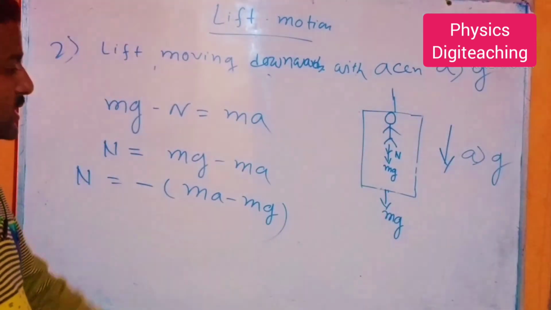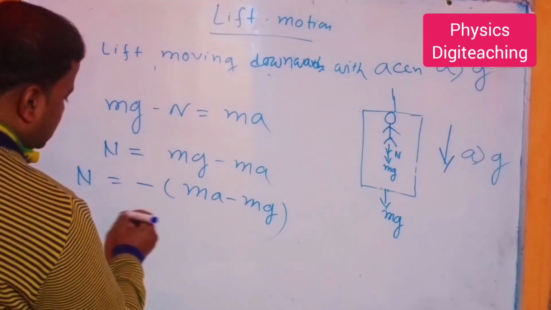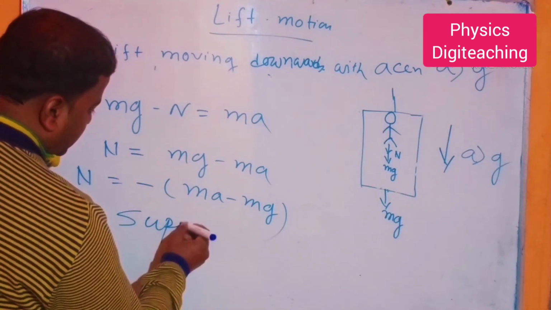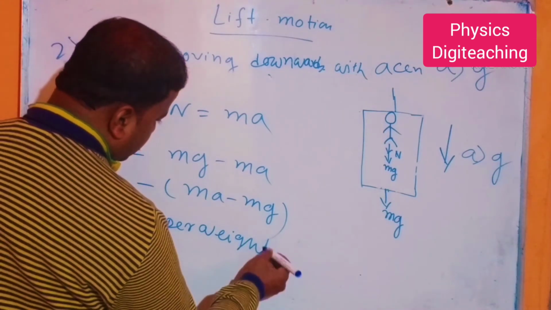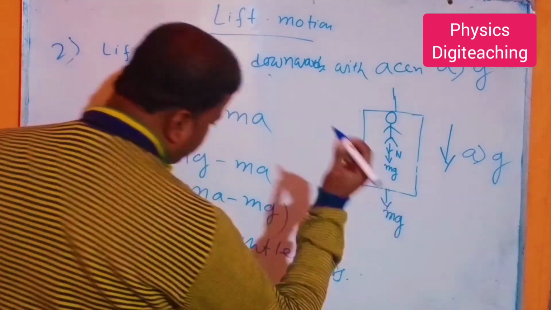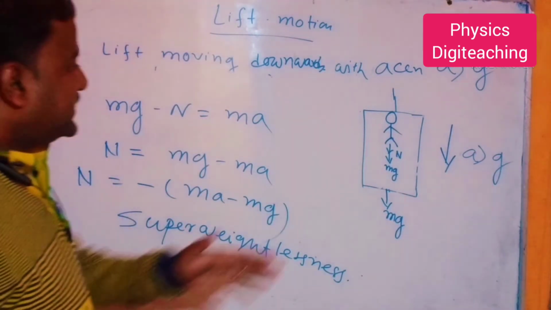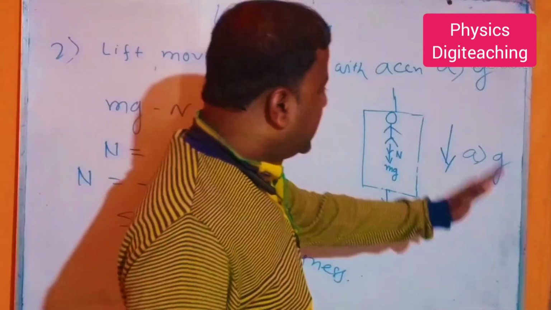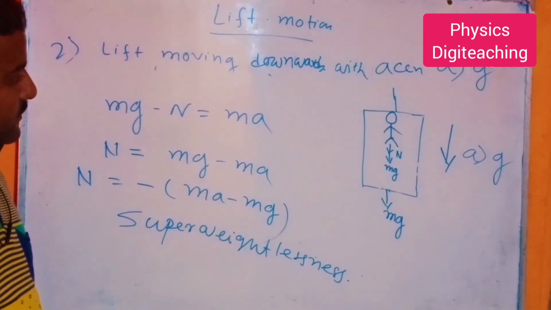So this condition is called super weightlessness. Super weightlessness is the condition when the acceleration of the lift is greater than that of gravity.